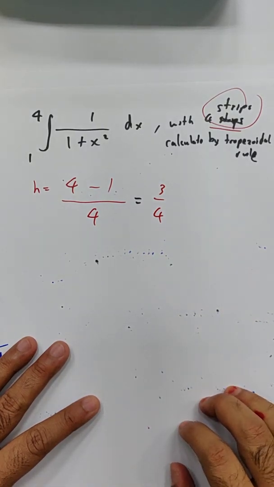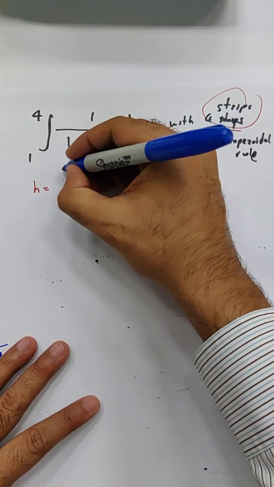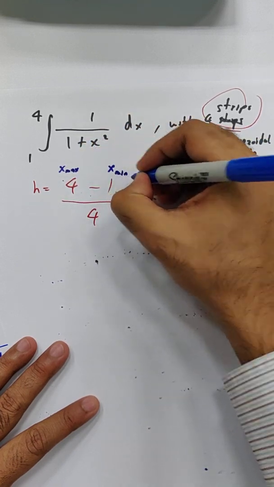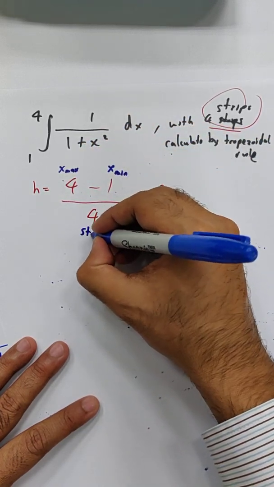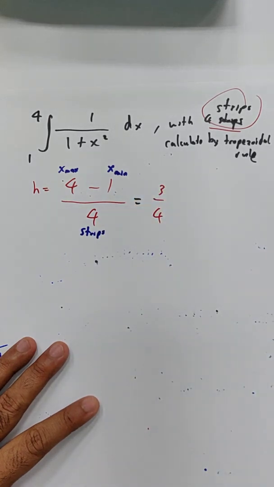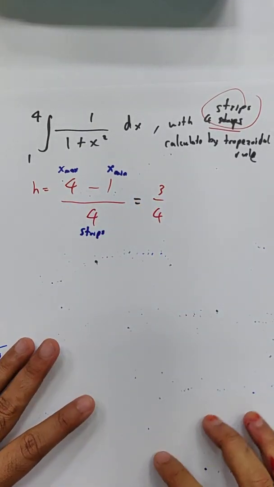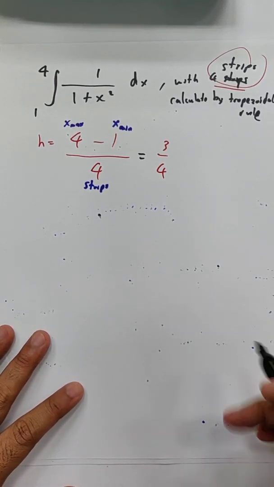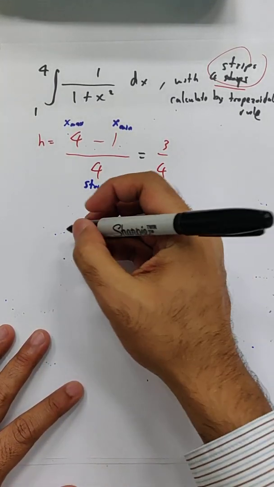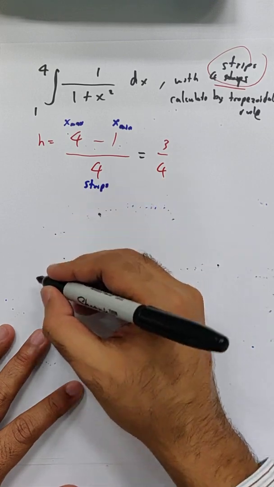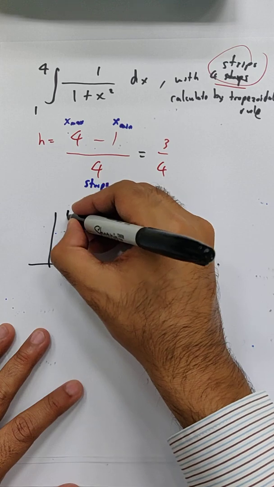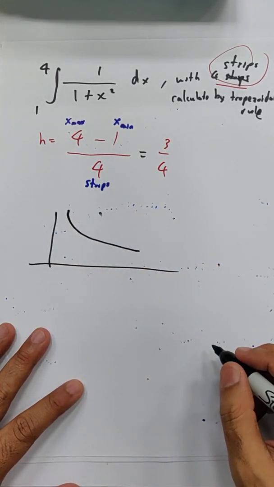Are you okay? X max, X min, strips. So you got h is 3 over 4. Okay, where is exactly this h? If this is not the correct graph, if I were to draw, it might look something like this.